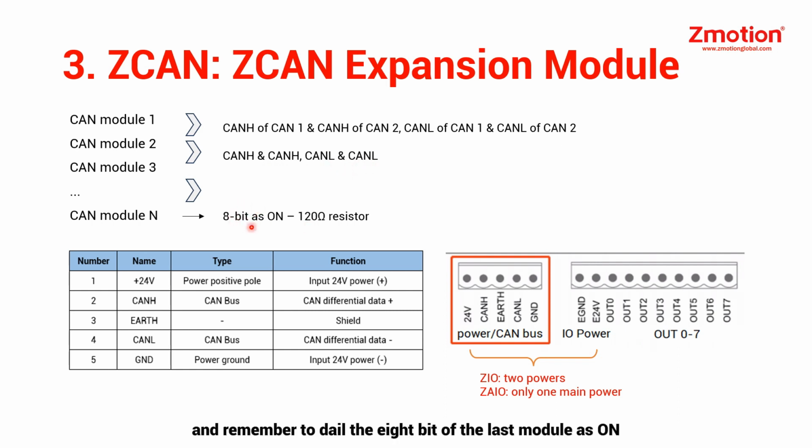And remember to dial the 8 bits of the last module as on, which means connecting one 120 ohms resistor between CAN L and CAN H. For CAN communication, it should ensure that corresponding G and D are connected, or use 1 power for controllers and modules. ZL modules use dual power. Please separate them. ZIO modules use single power. Only main power is needed.